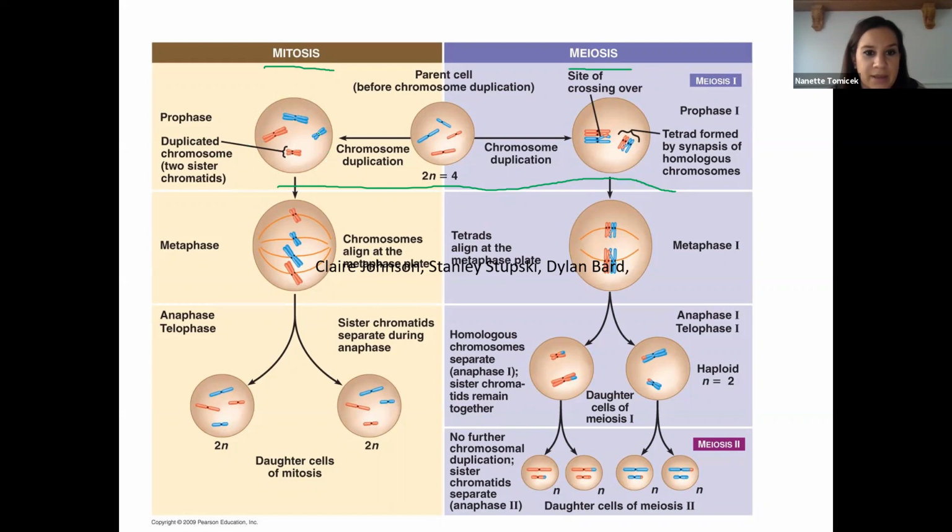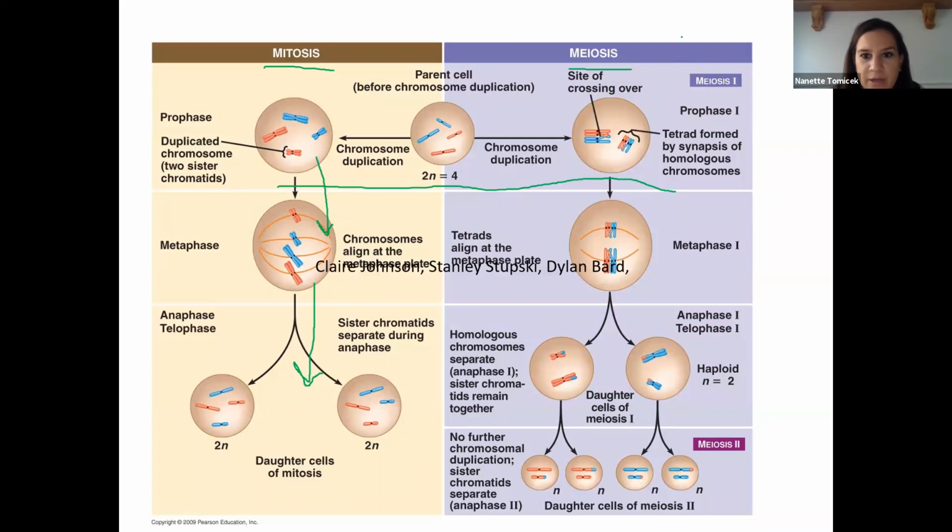We're replicating them, and then what we're trying to do is evenly divide. So if you follow the blue chromosomes and the orange chromosomes, we see at the end of this, we end up with the same number of blue and orange chromosomes in each cell.